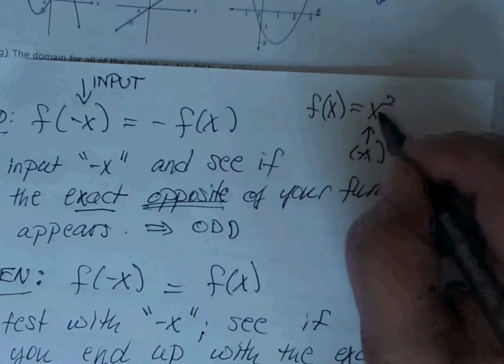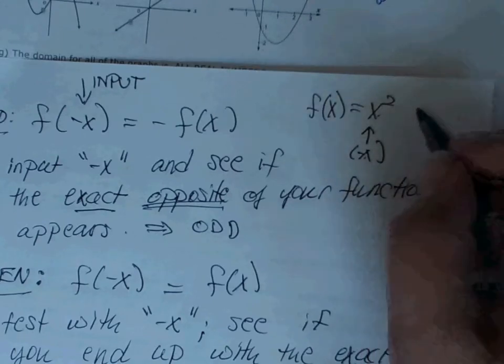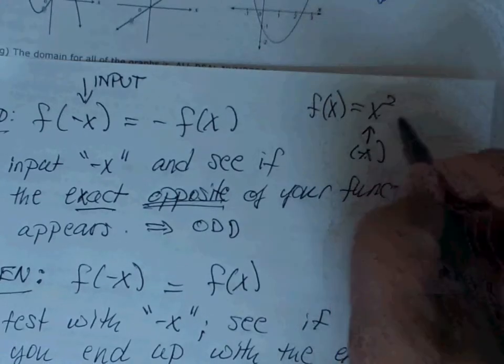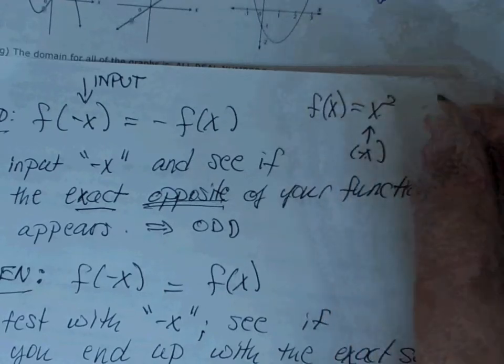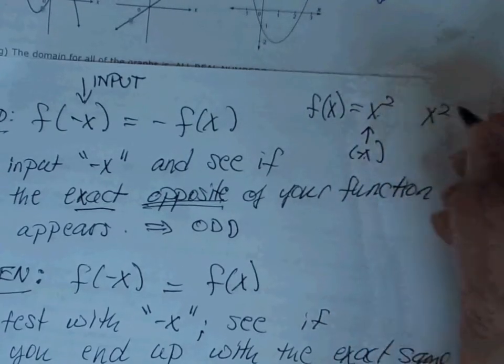Negative x times negative x equals x squared. Okay, this is your original function. You input a negative x and you're getting also an x squared.